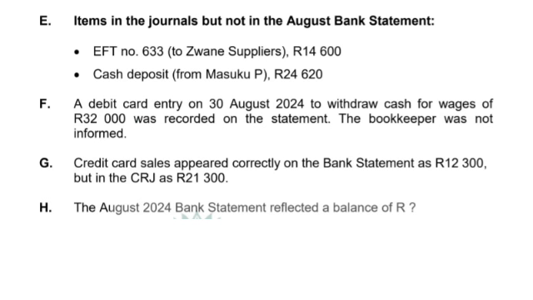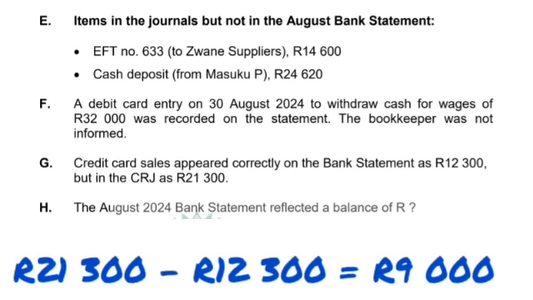journal. And then in information G, it says the credit card sales appeared correctly on the bank statement as 12,300, but in the CRJ it appeared as 21,300. Whenever you have a mistake where the amount is an error, what you have to do is calculate the difference first.